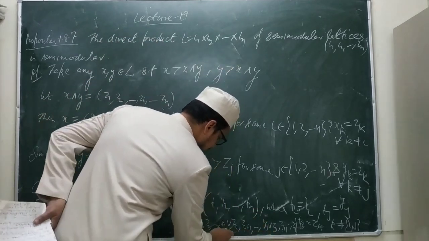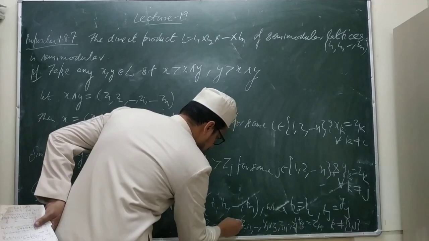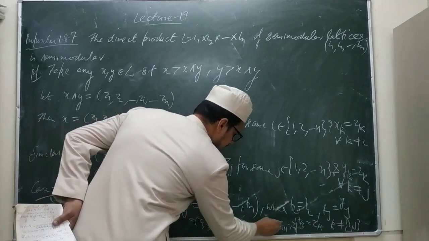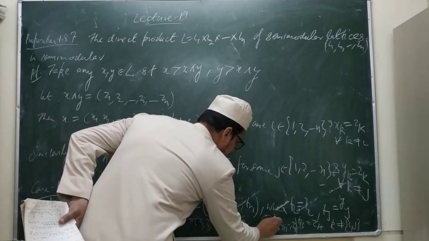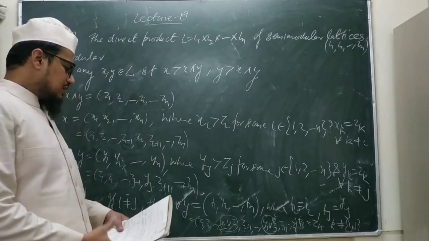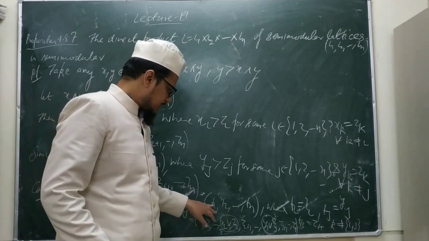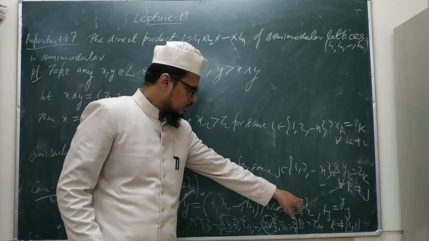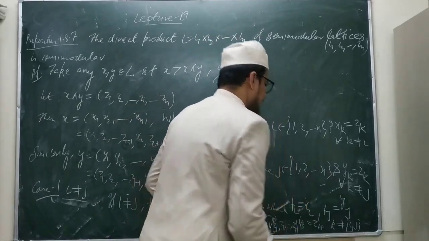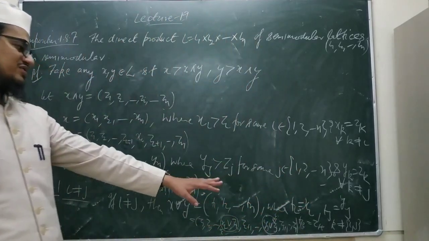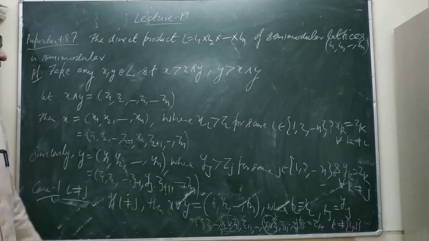I am writing this in order to explain to you: this term will be xi and this will be yj. We need not write like this, it is okay. t1, t2, tn, where ti is equal to xi, and tj is equal to yj, and tk is equal to zk, and k not equal to i, j.